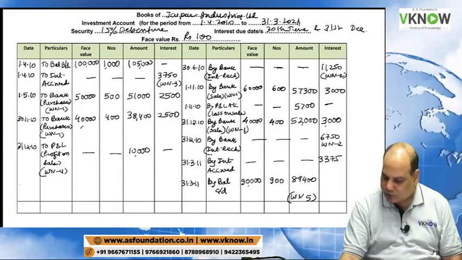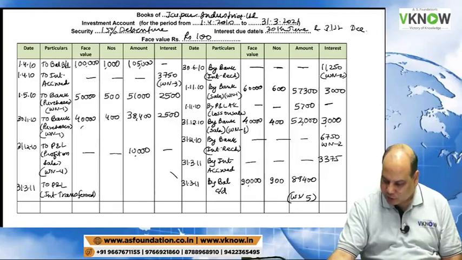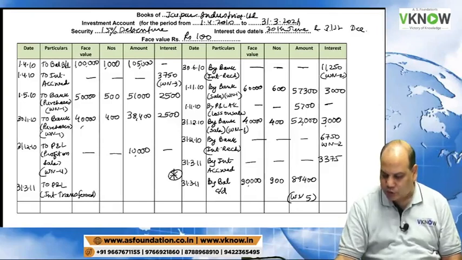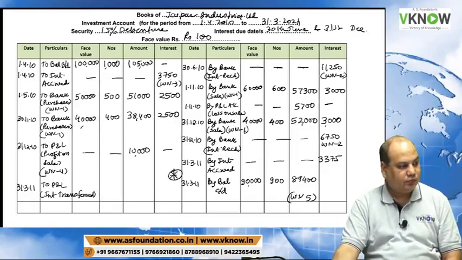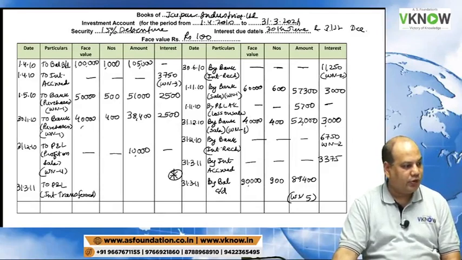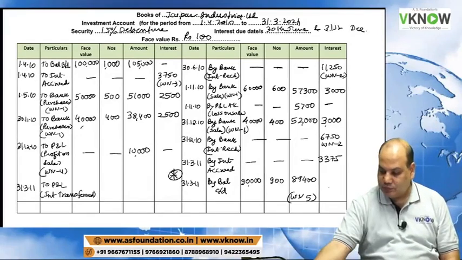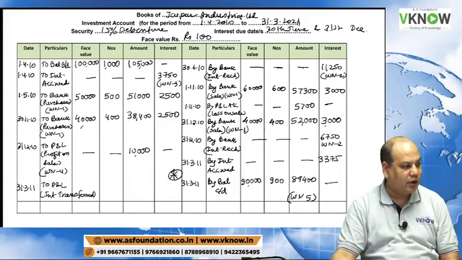And on the debit side, one last entry: to P&L account, interest transferred. Can somebody tell me what is the balance in the interest column?